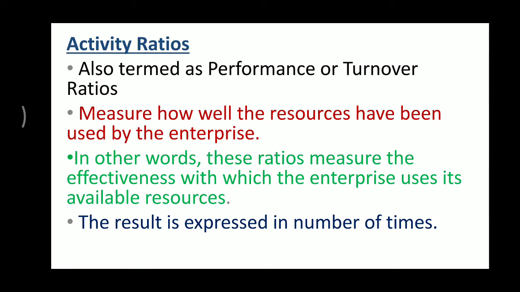Activity ratios are also termed as performance or turnover ratios. They are termed performance ratios because they measure how well the resources have been used by the enterprise, or in other words, these ratios measure the effectiveness with which the enterprise uses its available resources, that is men, money, machine and material.